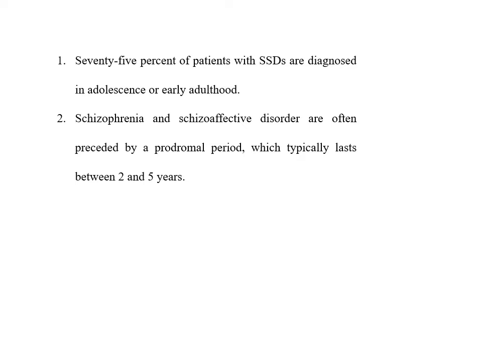All right, and like we said, because of advances in technology and research, we now know that schizophrenia can manifest in early adolescence and childhood, early onset schizophrenia. Remember, we talked about that a few minutes ago. And now we see that 75% of patients are diagnosed in adolescence or early adulthood.